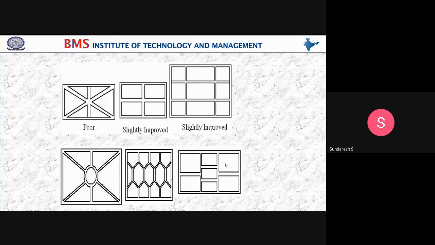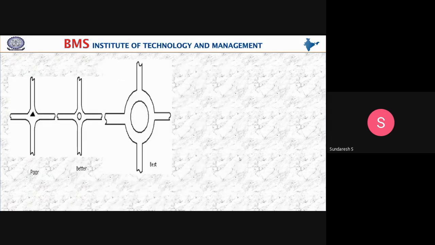So these are better. See here how it should be: poor, better, and best. This is a very important thing while designing casting components. So take care of ribs and webs. There should not be many ribs and webs, and if all the ribs come together, better make a cored hole.